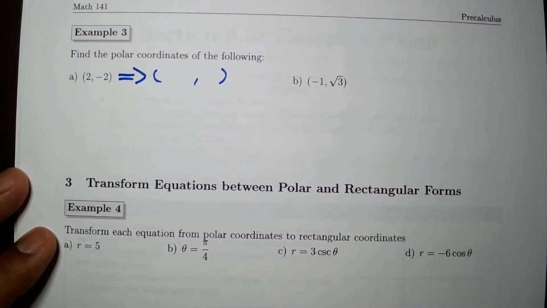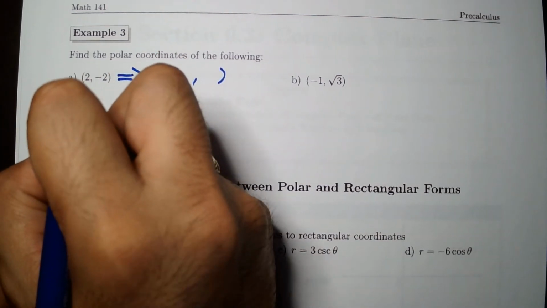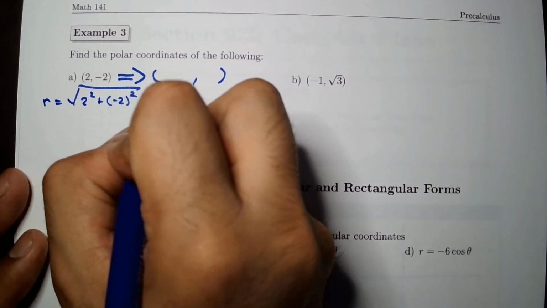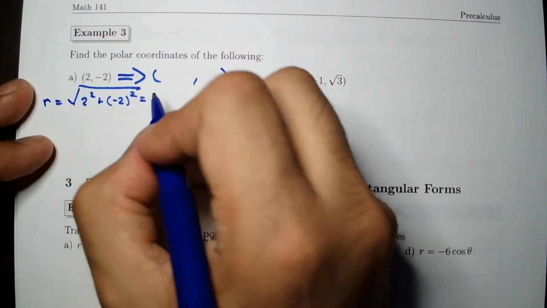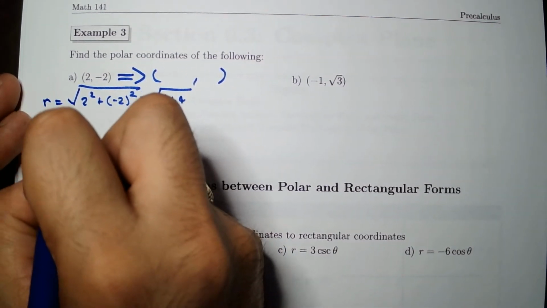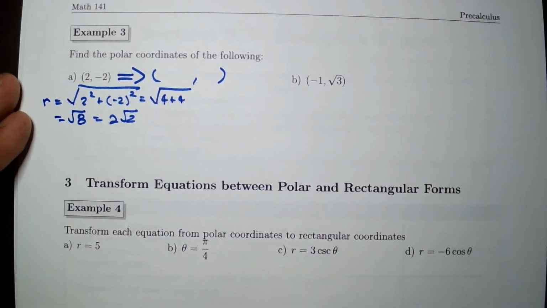We'll find out. So number 1, we need to find the radius r equals the square root of 2 squared plus negative 2 squared, which in this case is the square root of 4 plus 4, which is 8, which reduces to 2 square root of 2.